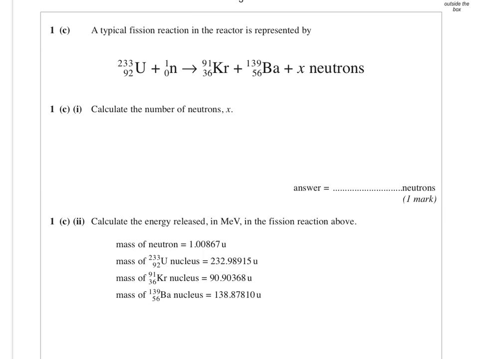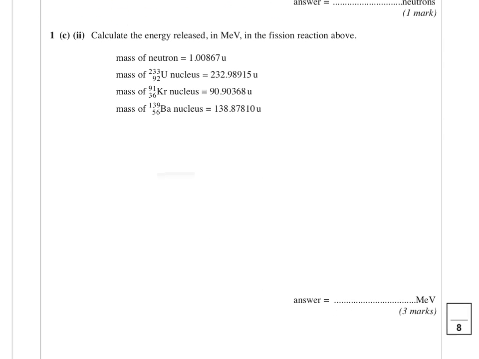On the left we have 234 baryons, and on the right we have 91 plus 139 plus x baryons, and those two must be equal to each other, so x is going to be 234 minus 91 minus 139, which is equal to 4 neutrons. So to conserve baryon number you need 4 neutrons.